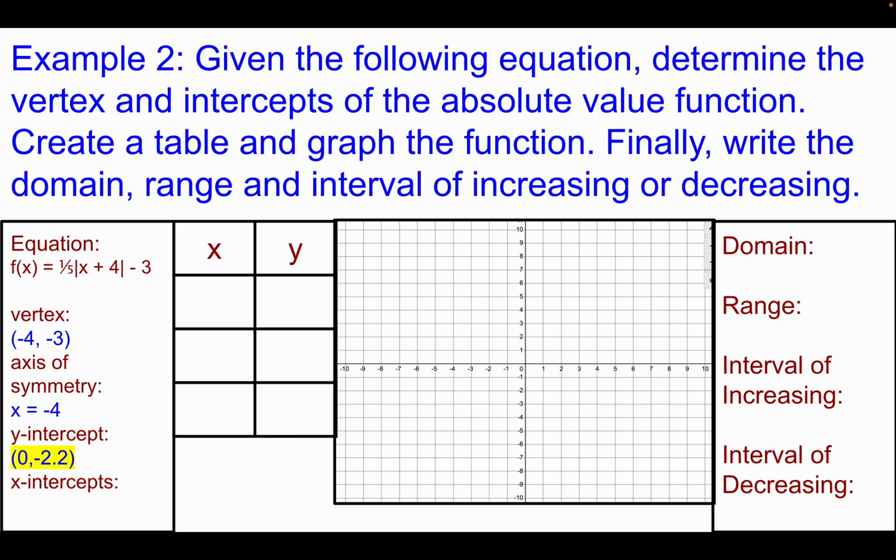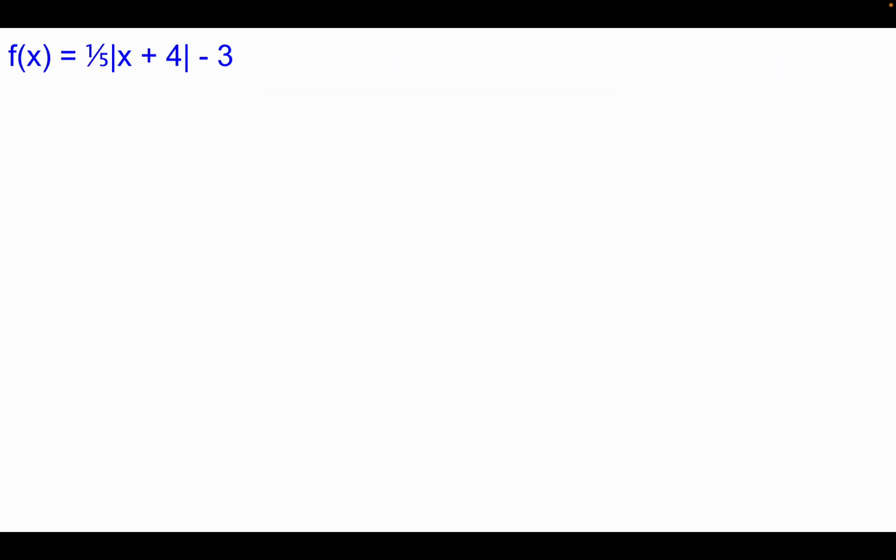And then our x-intercept, we'll get that by taking our equation and putting in 0 for y this time. Remember that f of x equals y, so I'm putting in 0 for f of x. I'm going to start by adding 3 to both sides.